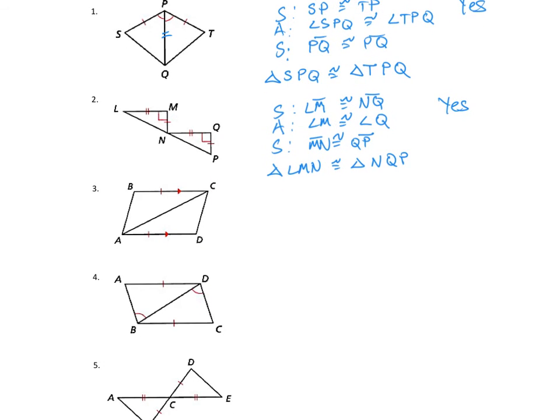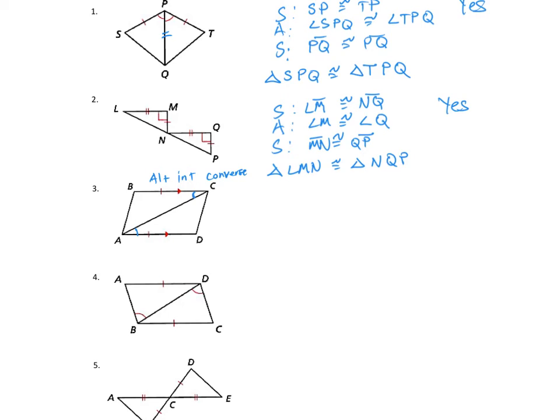Let's see here. We have these two markers. This is our parallel line markers. So here we got a parallel line. We could use, remember alternate interior angles of parallel lines are congruent. So here, using alternate interior angles or alternate interior converse to prove that. So we have a side, angle, and then yes, we can.